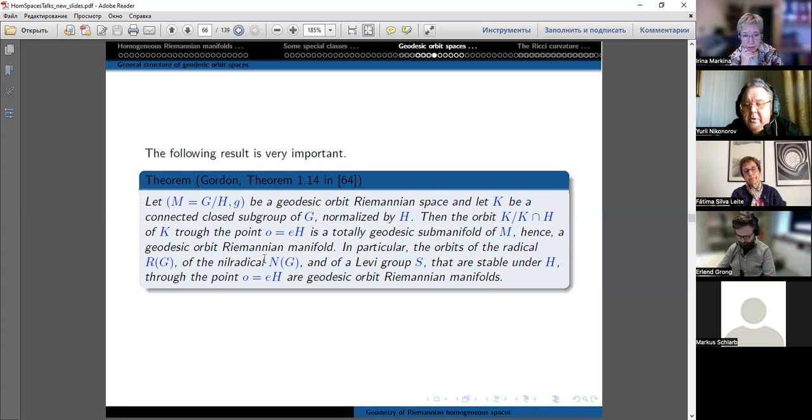For example, a nilpotent group, a solvable group, and a semisimple group. Okay, in some sense, this result says that a general geodesic orbit Riemannian space is constructed from simpler bricks, a little of nilpotency, a little of semisimplicity, and so on. But not so easy, really, not so easy.